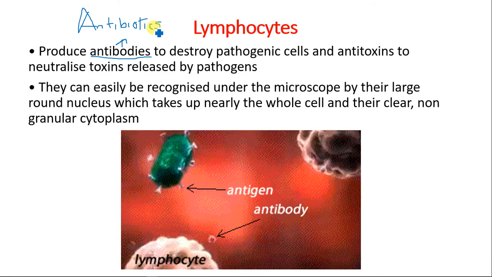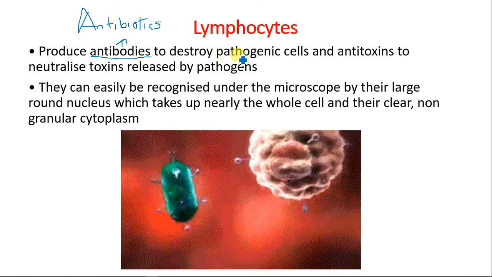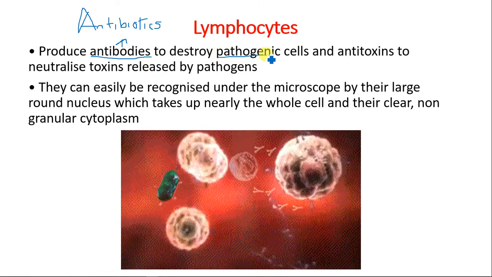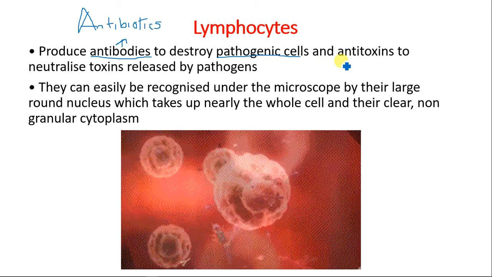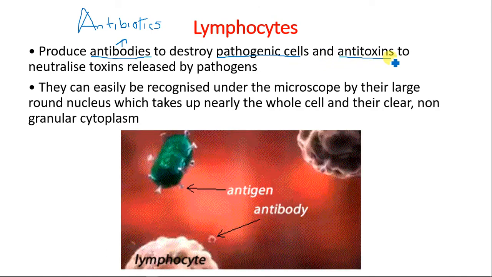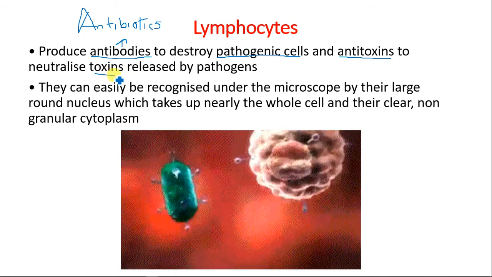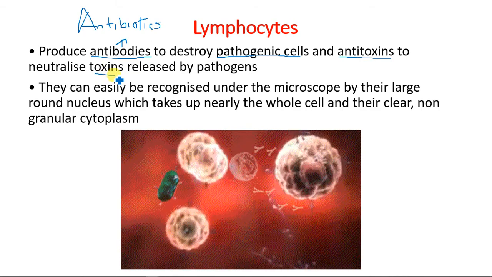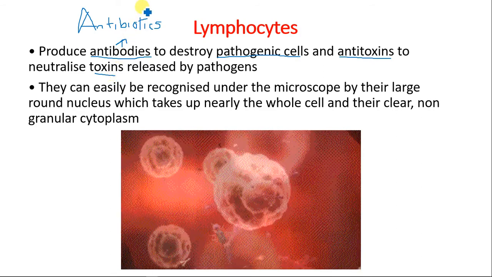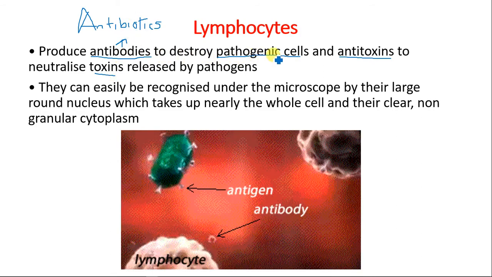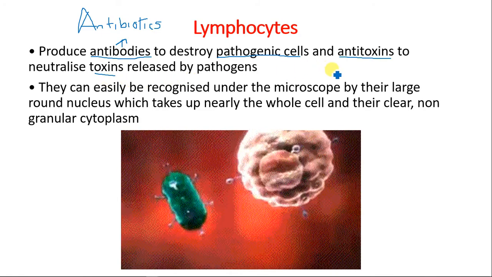It's different from antibodies, because antibodies aid in destroying pathogenic cells, and lymphocytes also produce antitoxins to neutralize toxins released by pathogens. So it has two functions: antibodies to destroy pathogenic cells and antitoxins to neutralize toxins.